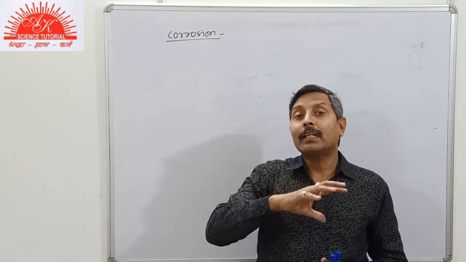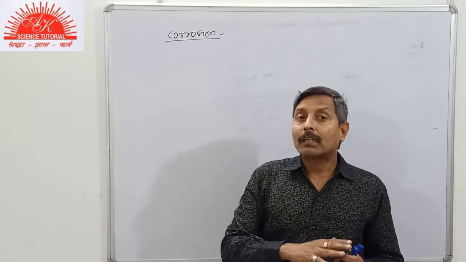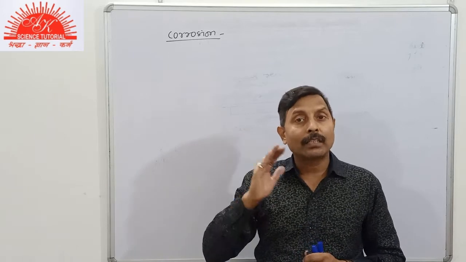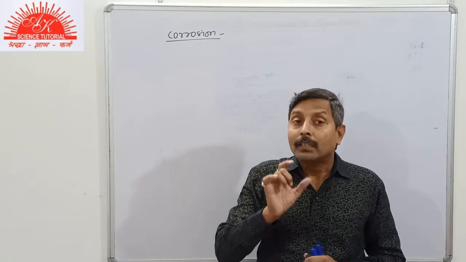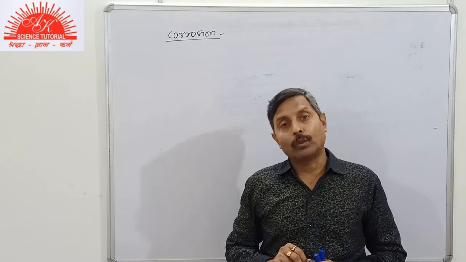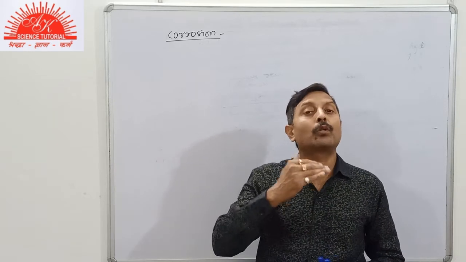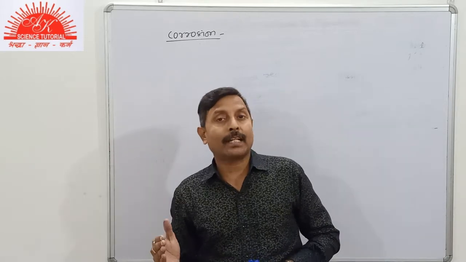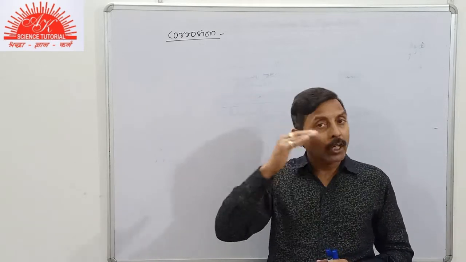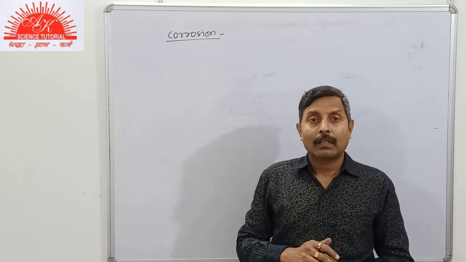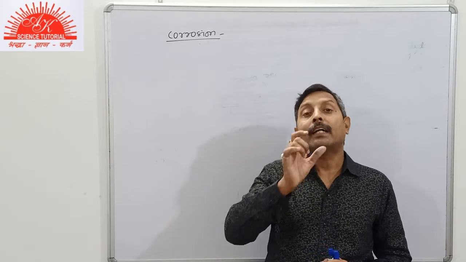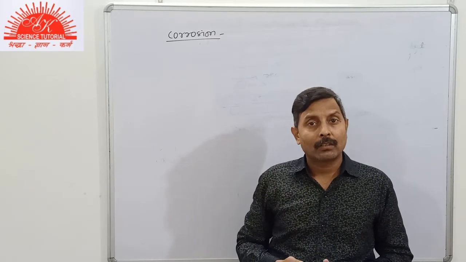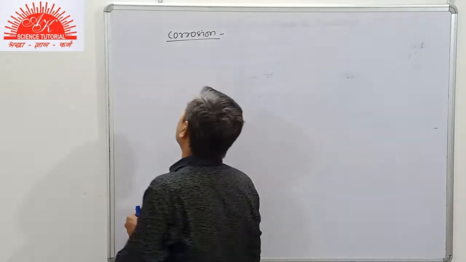Means the metal is attacked by water, air, or other chemicals in the surrounding. This process is known as corrosion, and the metal is said to be corroded. The rate of corrosion of a metal depends upon its reactivity. So, we will study it here.